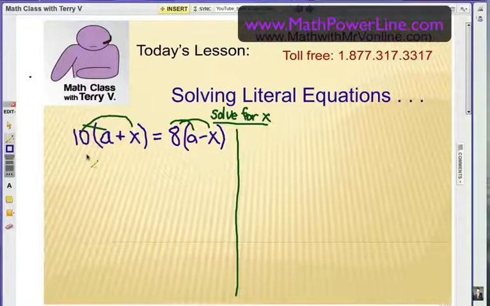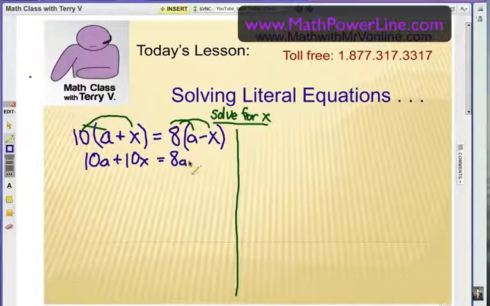So 10 times a is 10a, 10 times x is 10x, with the addition sign in between, of course, and then 8 times a and minus 8 times x. All right, now we have an x term on the right and an x term on the left, and so what we want to do is move all those x terms to the same side.